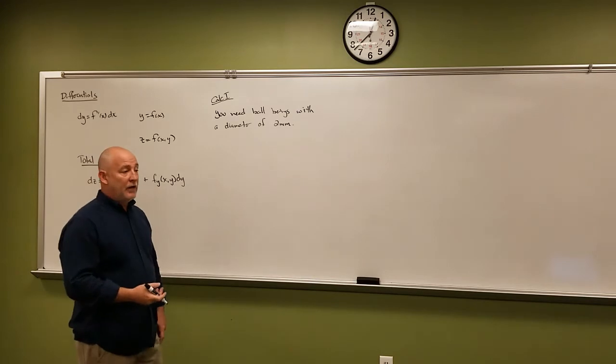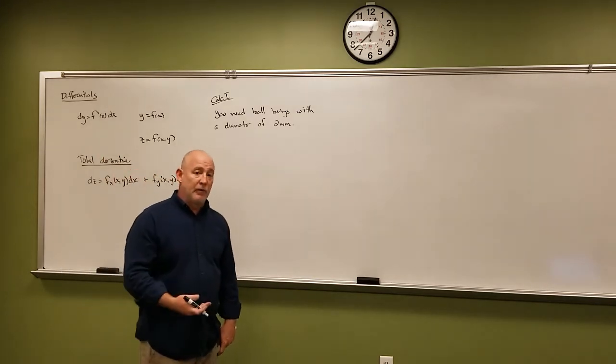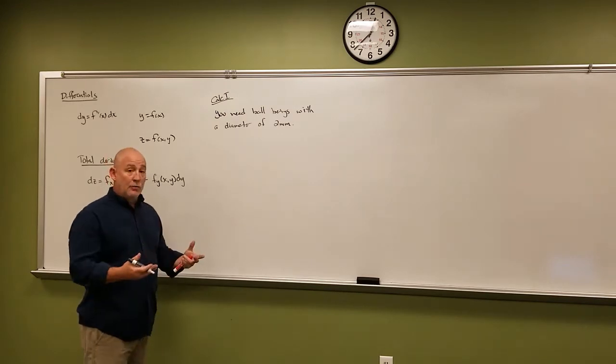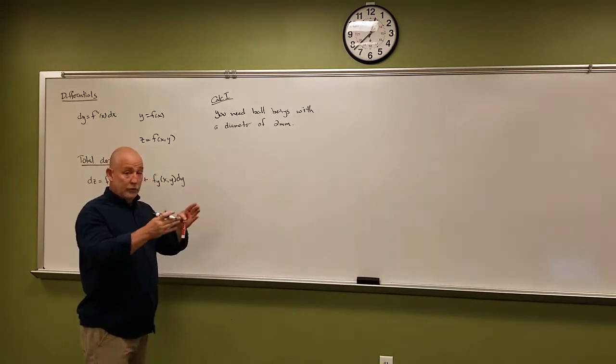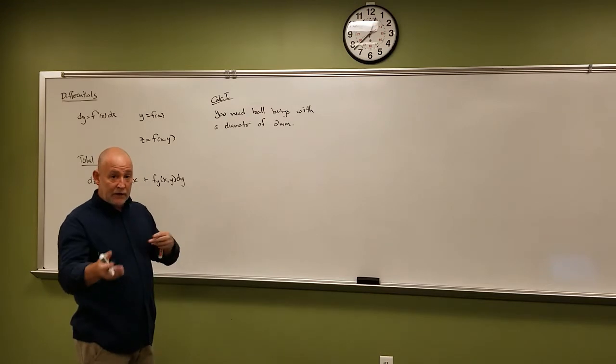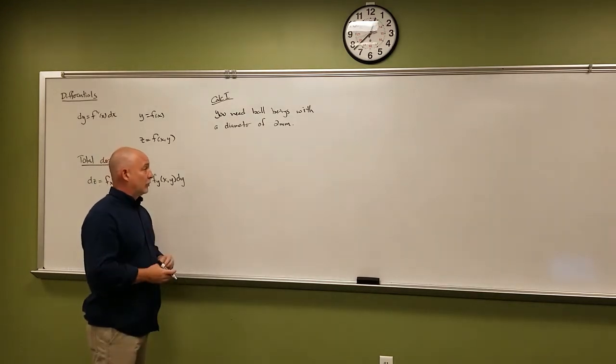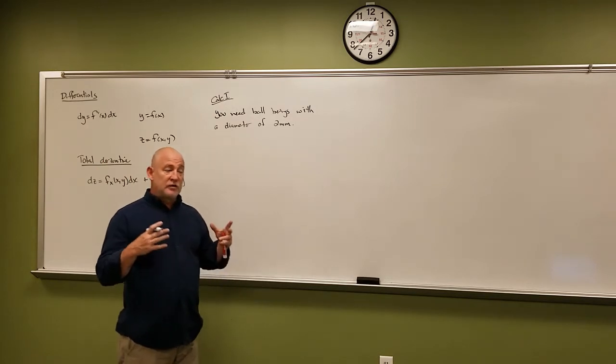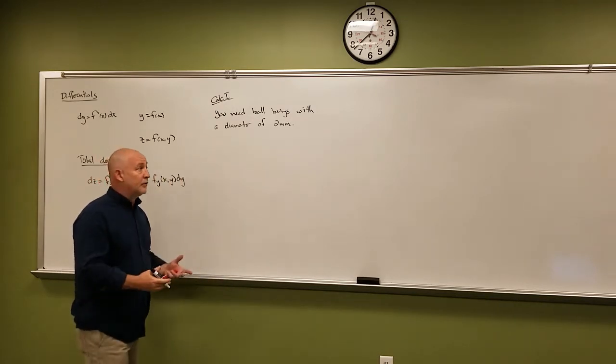However, one of the problems we have in the real world is something called the measurement problem. We can never measure anything exactly, no matter how hard we try, because no matter what ruler you use, there's always error in that measuring device. The same thing when we're building stuff: when we want a specific size, there's going to be some error built in.